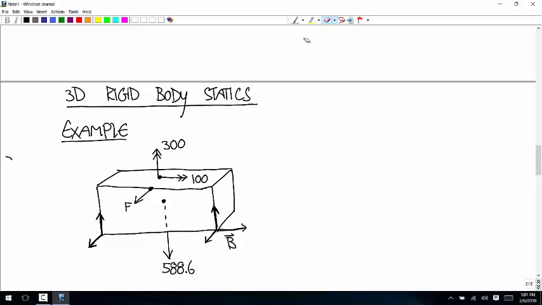We don't have one going from left to right. I'll label these components AY and AZ. The coordinate system I'm using is X this way, Y this way, and Z this way.